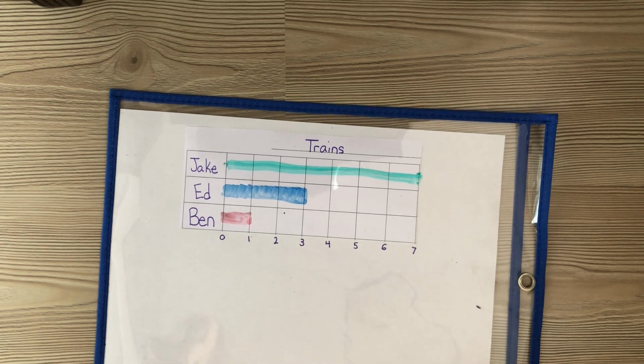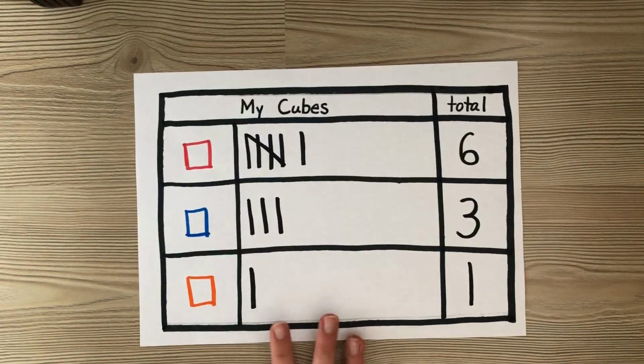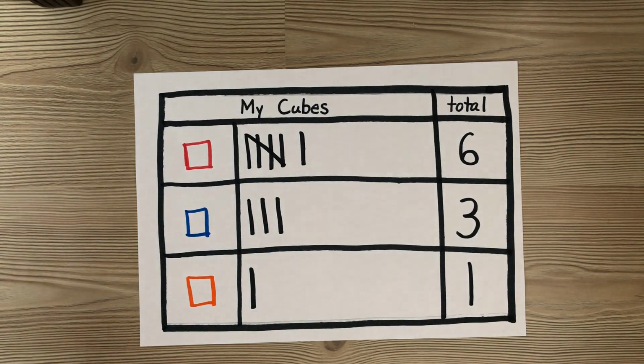Now we are going to take another type of chart, our tally chart, and we are going to turn it into a picture graph. Because, boys and girls, one thing we know about our graphs is that they organize our data. And there is more than just one way to organize our data.